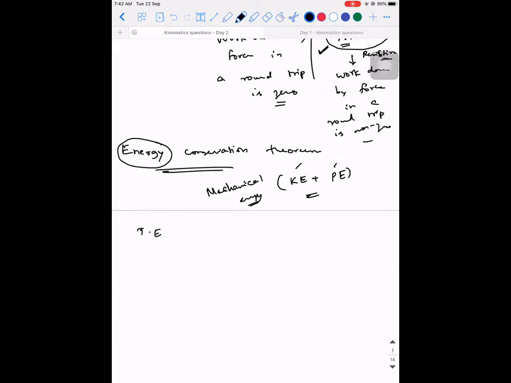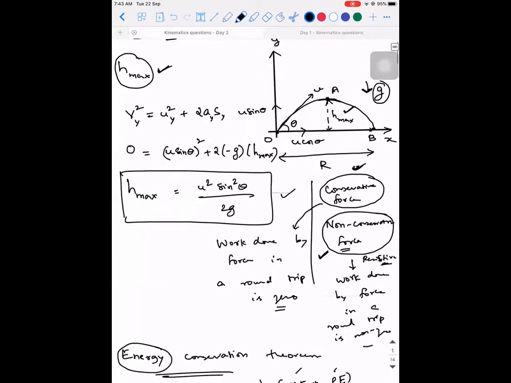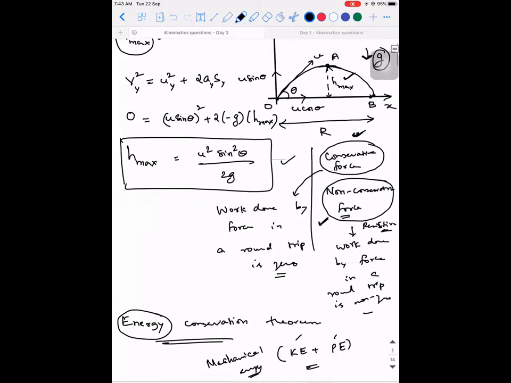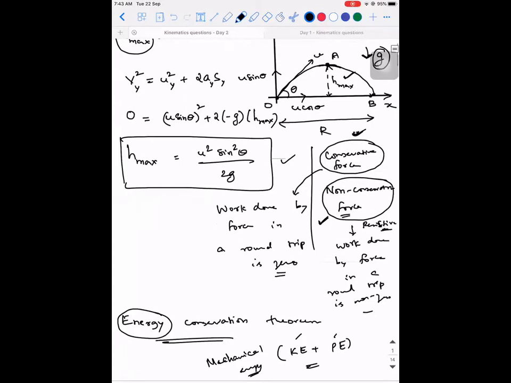So what is the total energy of the object at point O? O is the initial point. If it is 0, how is the object flying? Let's say the mass of the object is m.